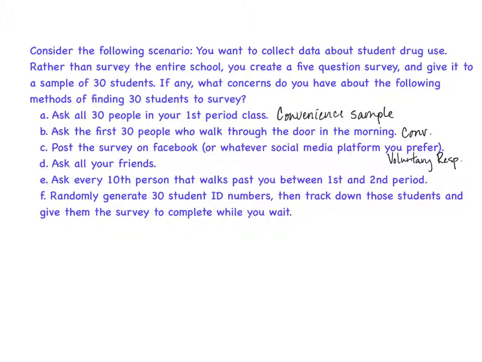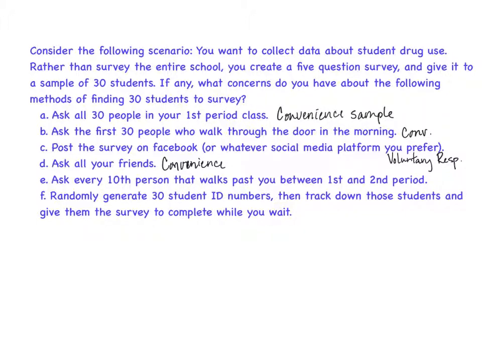The other problem with this is that it's only your friends or the people around you, and there is usually some kind of similarity between people who choose to hang out together or connect with each other on social media. Ask all your friends. Again, another convenience sample, and again, it has the same problems as the group that you're reaching with a survey on Facebook.